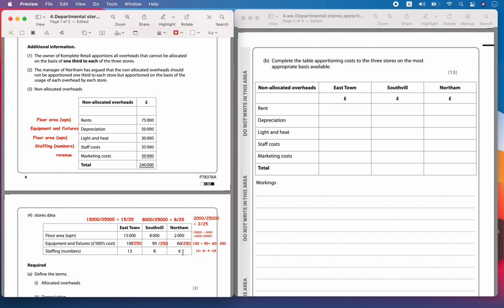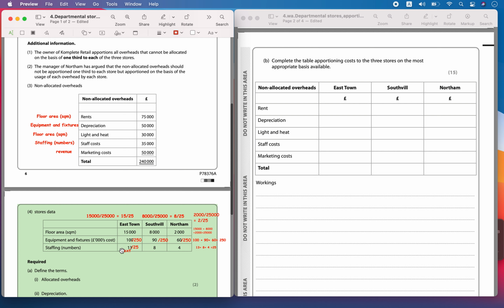Now the third one is the staff: I have the total staff as 25. So we know the proportion: 13 out of 25 staff are working in East Town, 8 out of the total 25 staff are working in Southville, and Northam has 4 out of the entire 25 staff.